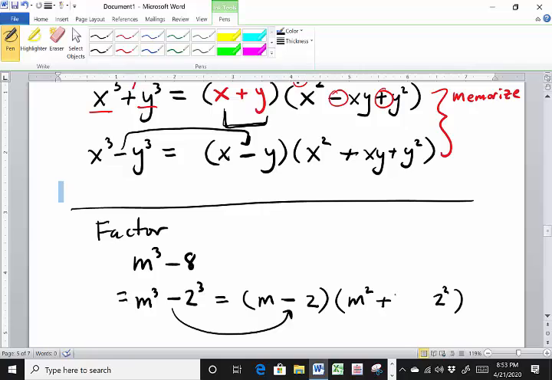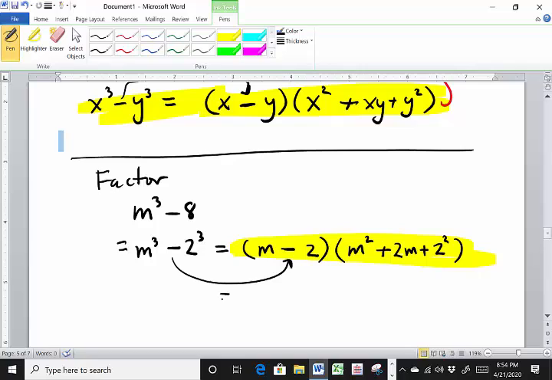So, write 2m, and then our plus there. Okay, and that follows exactly the same pattern. So if you look at this pattern here, it's exactly the same thing that I did right here. Okay? So the only thing that I'll finish up, though, you don't want to leave it as 2 squared. You leave it as m minus 2, m squared plus 2m, and then 4. Okay? Write it like that.